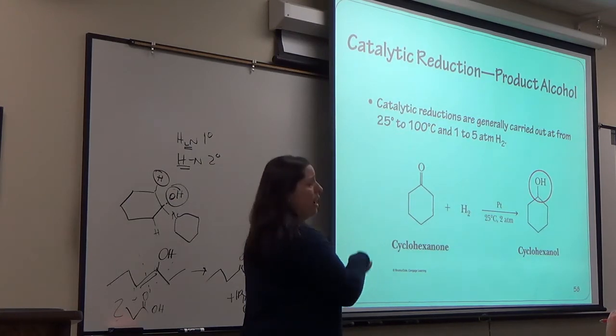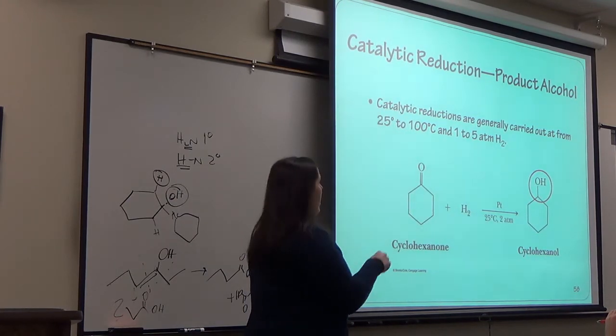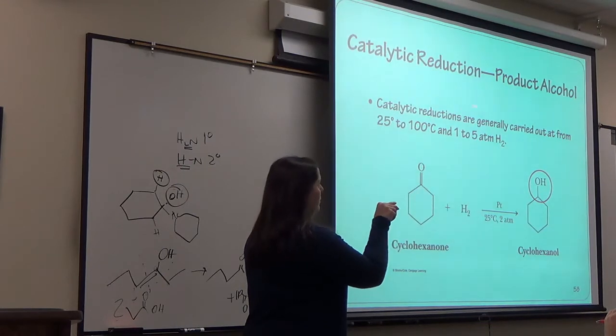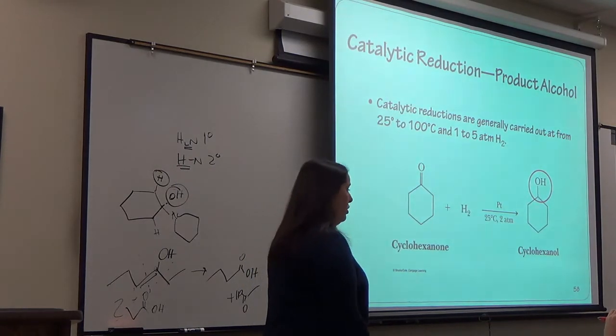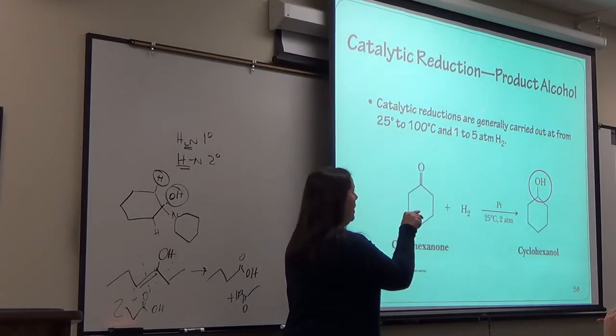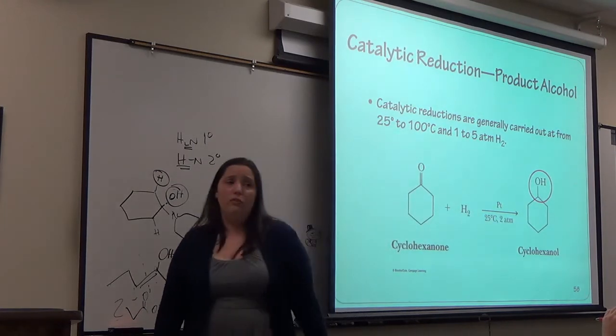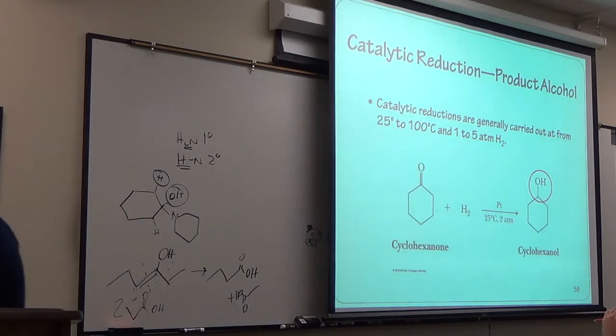It can go as high as 100 degrees. And you may also have to tinker with the pressure. So usually we say 2 atmospheres, but you may have to go all the way up to 5 in order to get this reaction to work. So they're a little bit harder to do, but the product is still the alcohol.